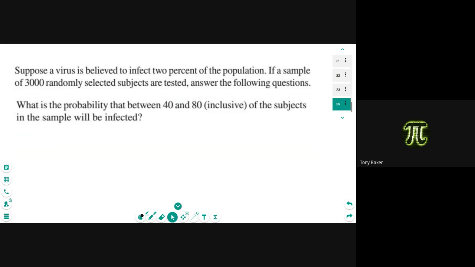Deviation 7 point... You use 39.5 and 80.5. It's 7.6 deviation. Hold on, let me do it real quick. I got it. 7.67. Yes.